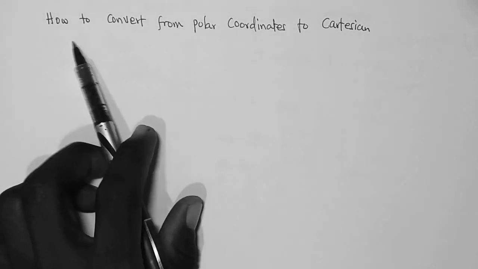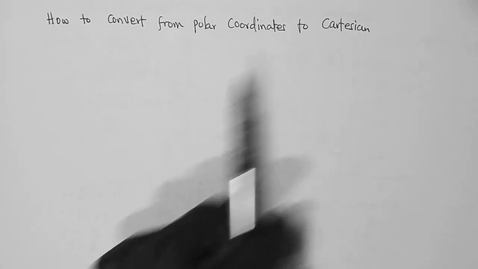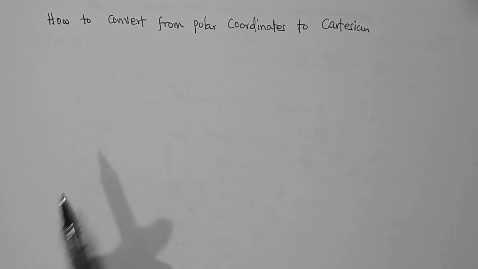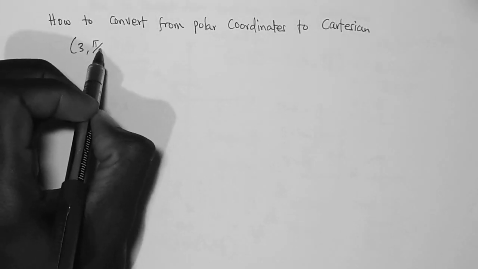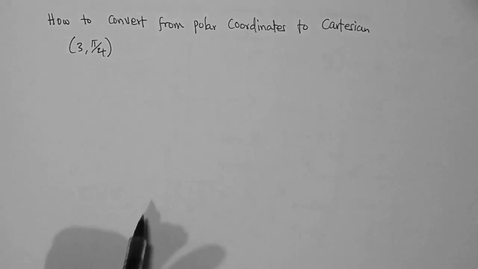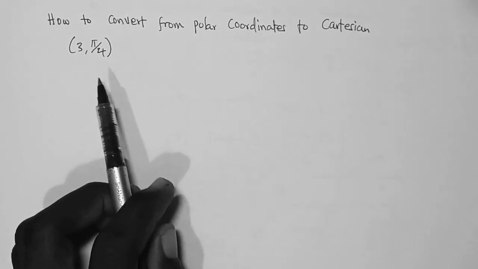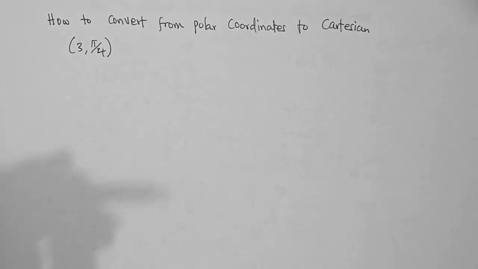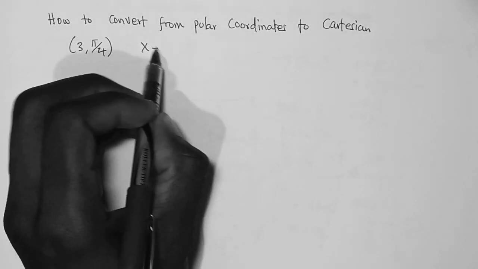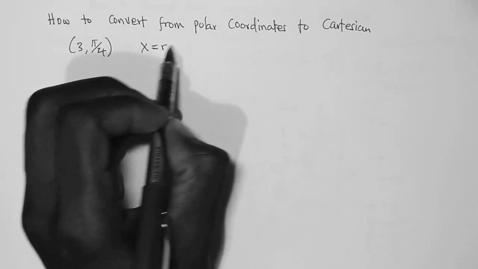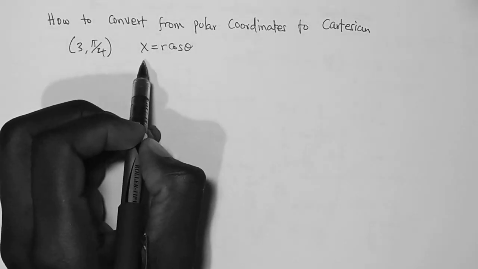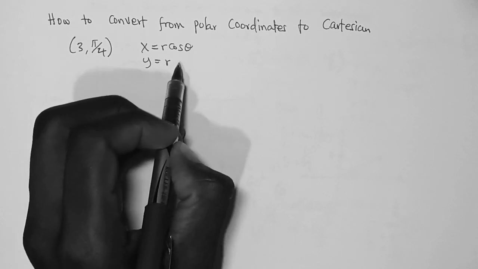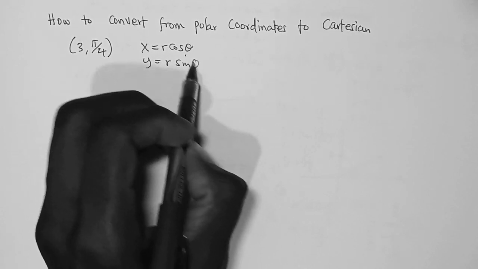Now let's talk about how to convert from polar coordinates to Cartesian coordinates. So if you are given 3 and pi over 4, what is 3 and pi over 4 in Cartesian coordinates? You find the x component by using x equals r cos theta, and then you find the y component by using y equals r sine theta.